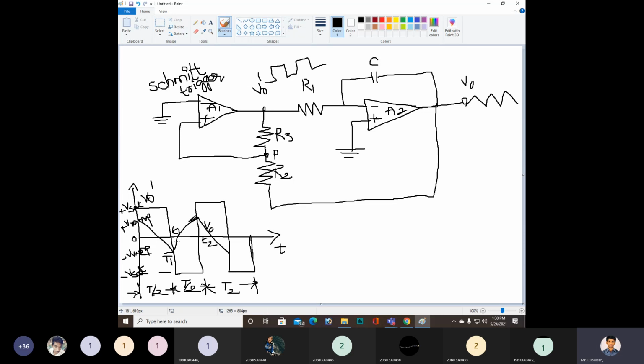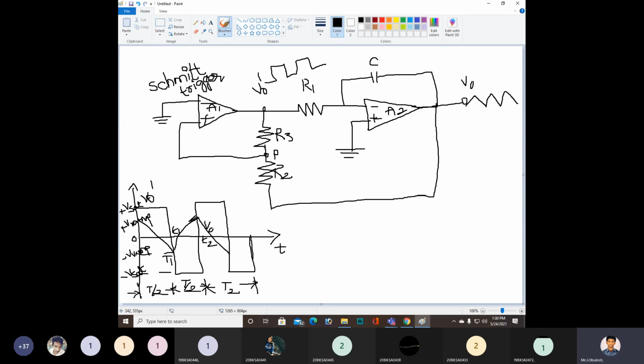From this expected waveform, once it reaches positive V ramp, again the value will decrease to minus V ramp. So at time T1, A1 will have minus V saturation and the A2 value will increase in the positive direction until it reaches plus V ramp.